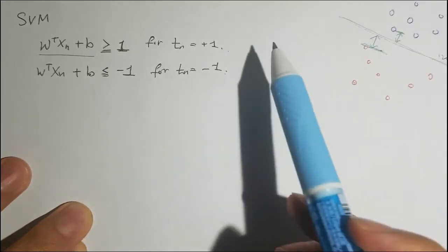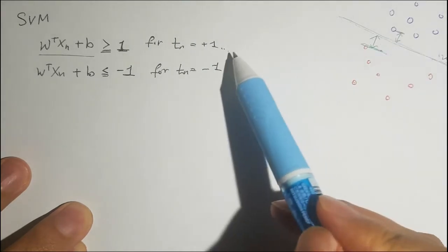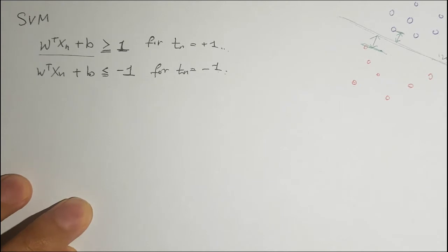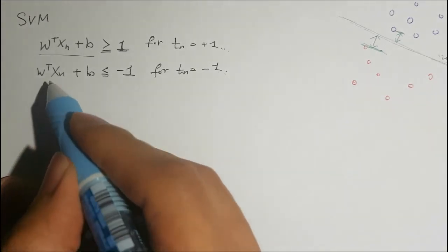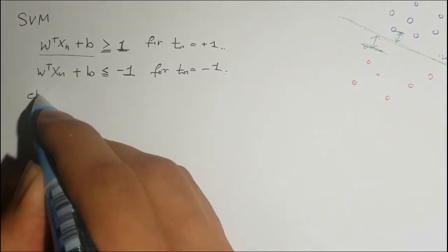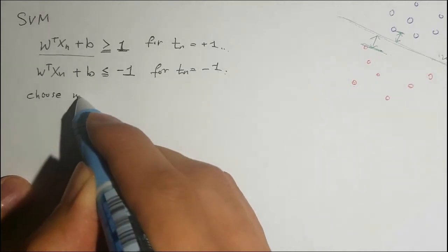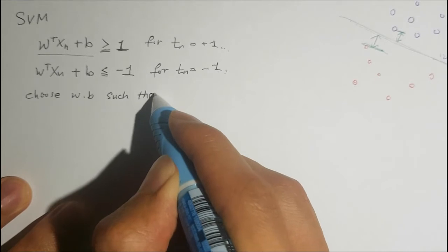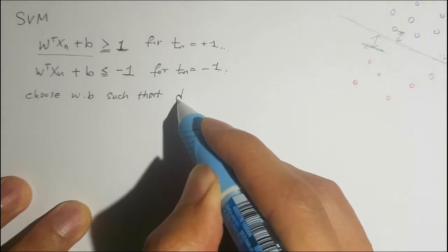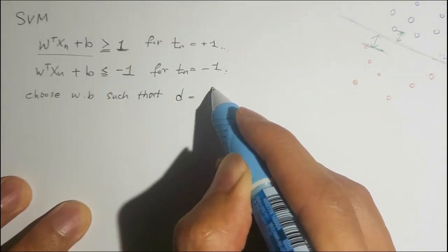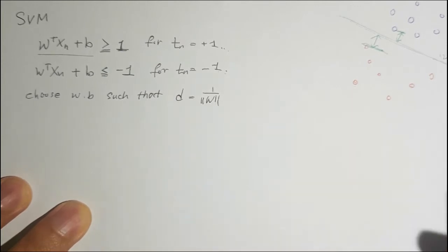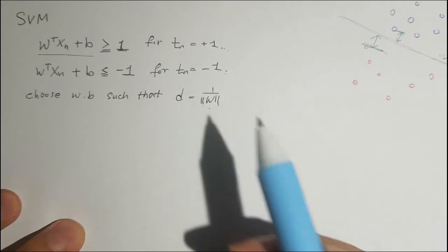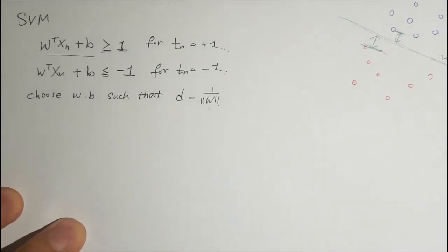That means it will classify as a blue or a red point. And as I explained, we are choosing weight and bias such that D is equal to 1 over weight, or omega.